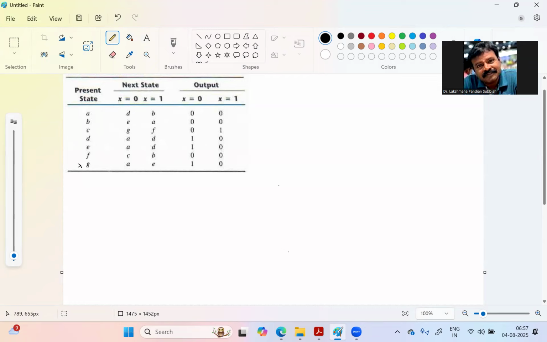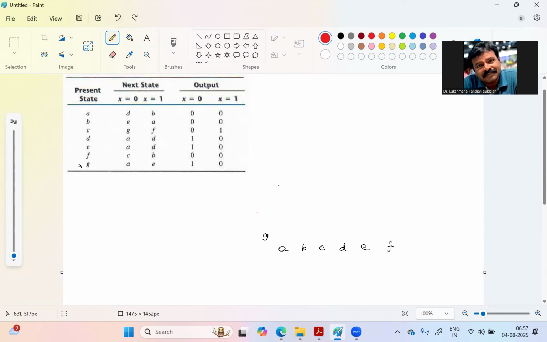So that is A, B, C, D, E, F. Then similarly, column-wise you start from G, the last one: G, F, E, D, then C and B. So you write it that way.